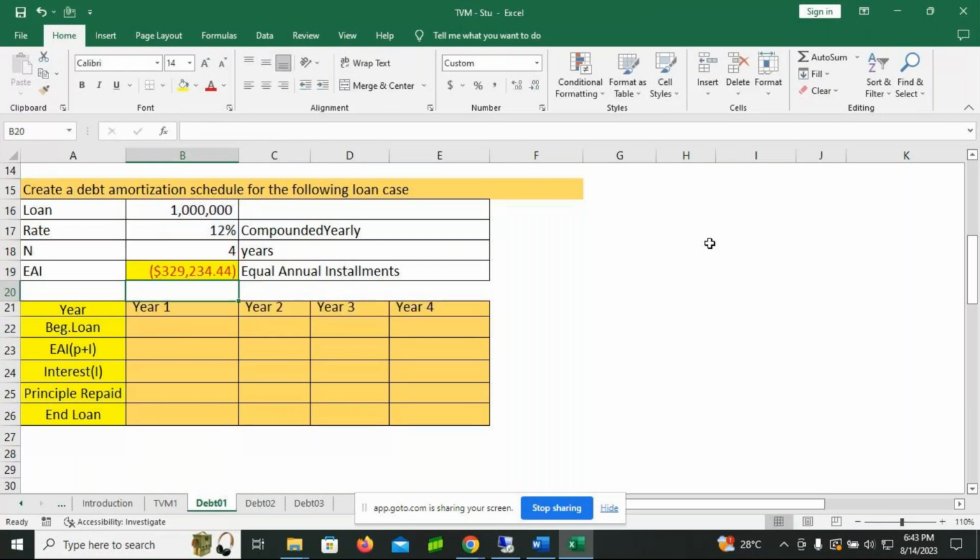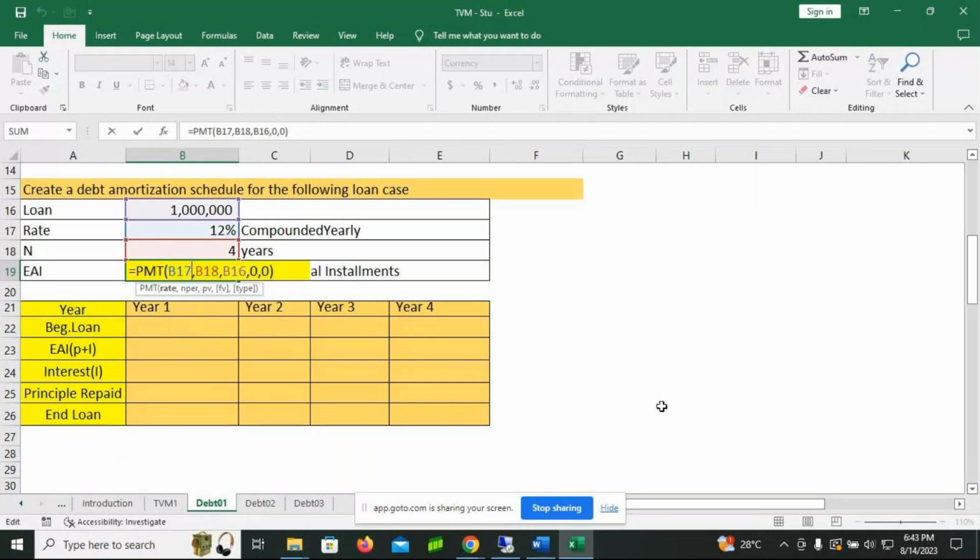Okay. So here the amount is, so EMI is divided by 12. And here it should be multiplied by 12.